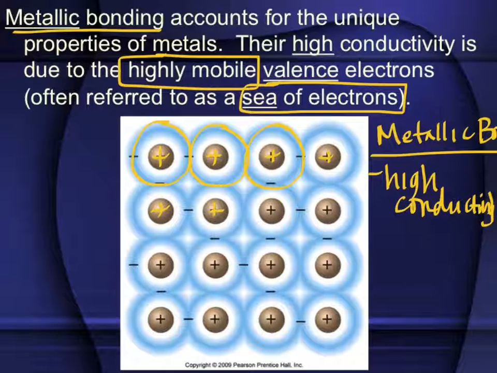Those are the electrons in that outer shell. They're moving. At one point, this electron may be here, and then it may move all the way down here next to this atom. And then it may move and be with this atom.